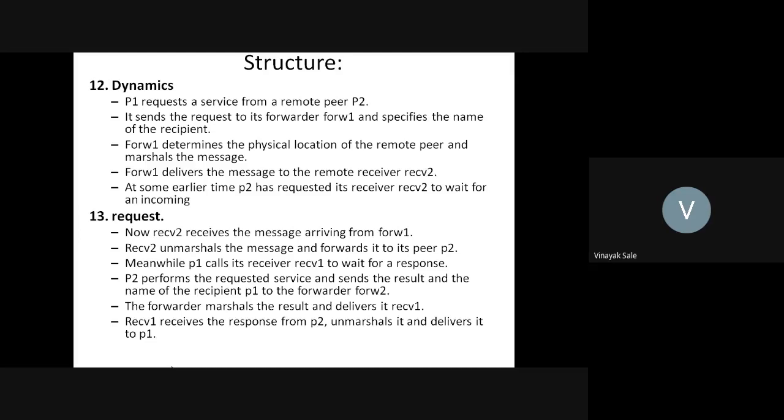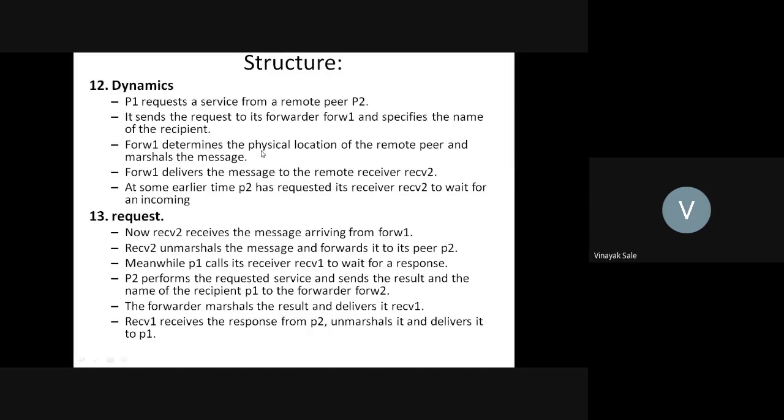So next point, dynamics. Peer 1 requests a service from a remote peer P2. It sends a request to its forwarder 1, and specifies the name of the recipient.